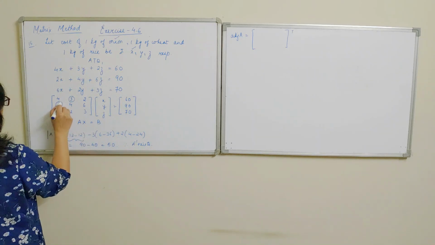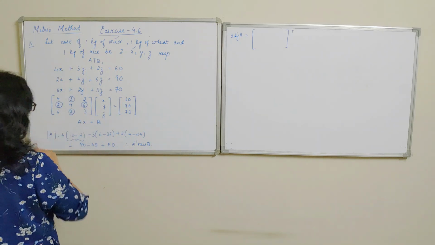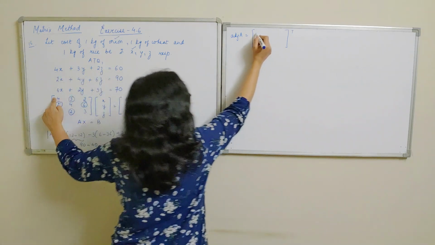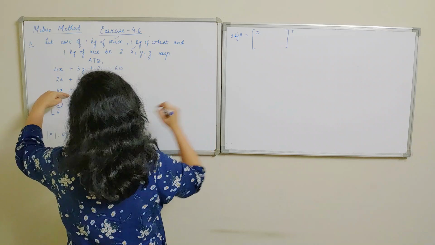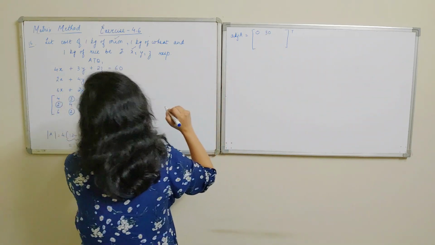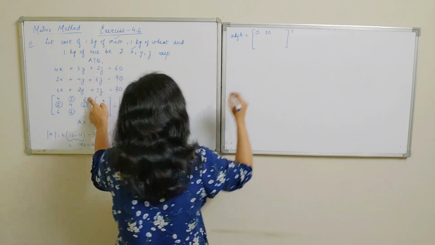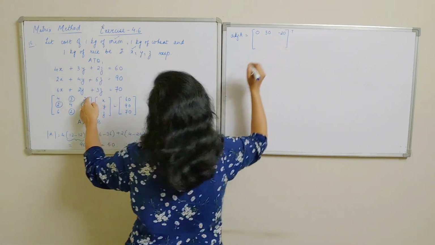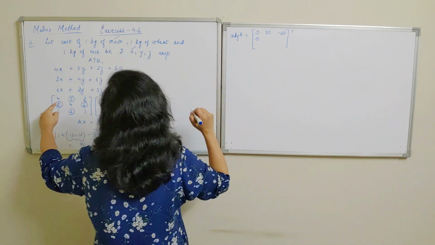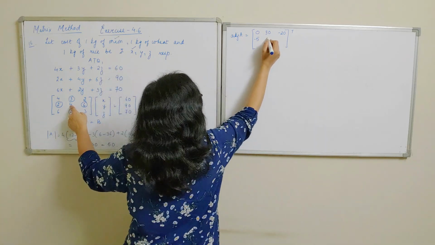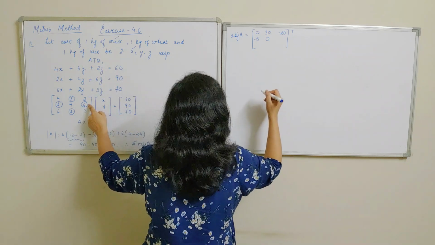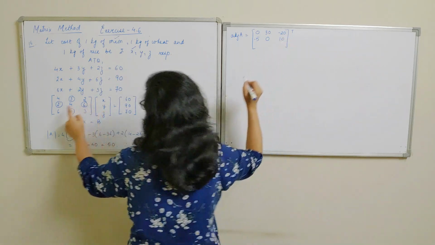Okay, next step, let us find out here the adjoint of this matrix. So here, let's do it this way. And starting from here, the first adjoint is 0, the next adjoint is 6 minus 36, minus 30, so plus 30. Next it will be 4 minus 24, minus 20. For this it is 9 minus 4, 5. And here it will be 12 minus 12, 0. Here is 8 minus 18, minus 10, so plus 10.